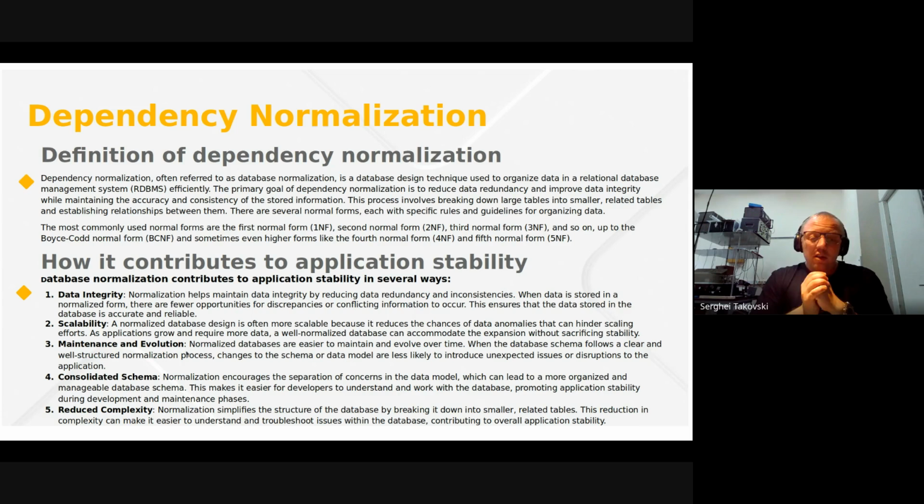So, consolidated scheme, normalization, not only of data in the database, but normalization of all the schema you use in your application. For example, if you see that you have a lot of flow on the client side, you need to implement Sidekiq with Redis, for example, on the Rails infrastructure.